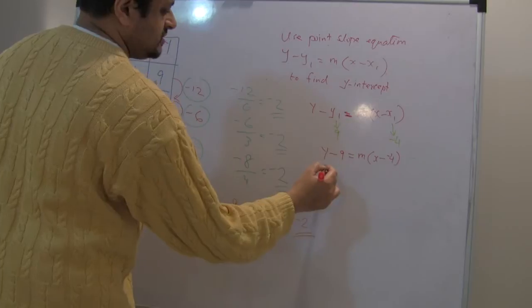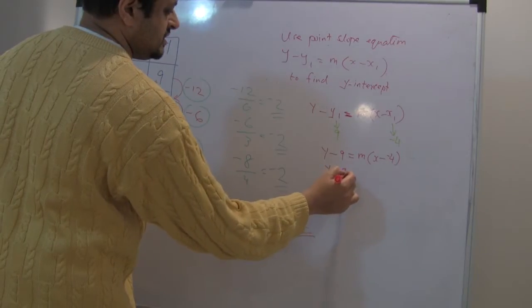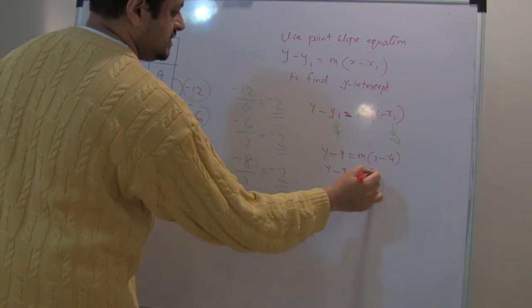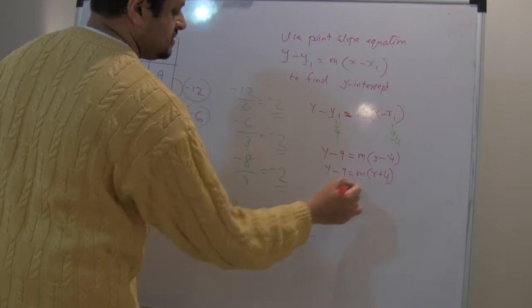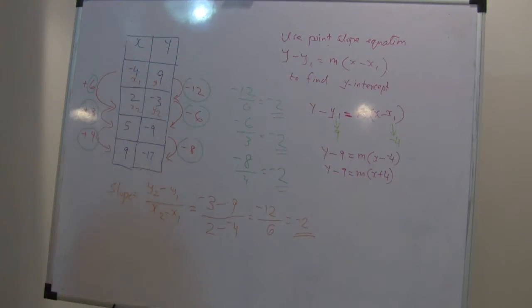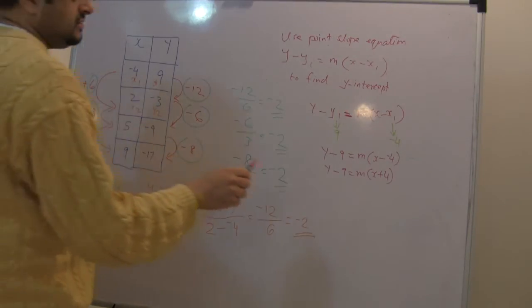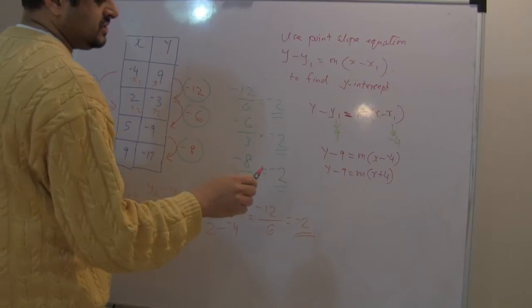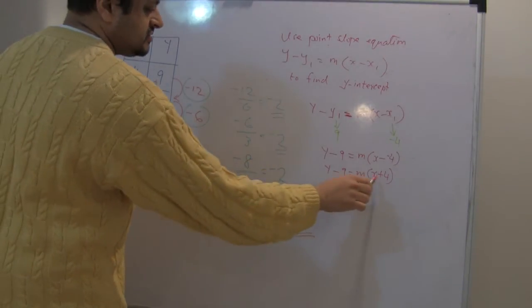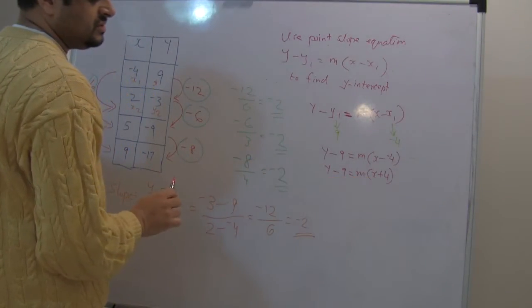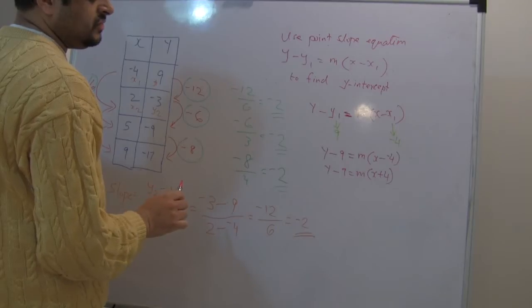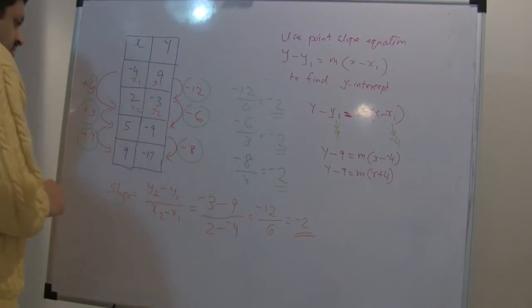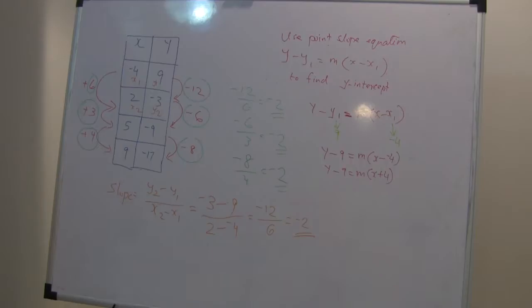Okay, so y minus 9 equals m times x plus 4. But at y-intercept, x will be 0.